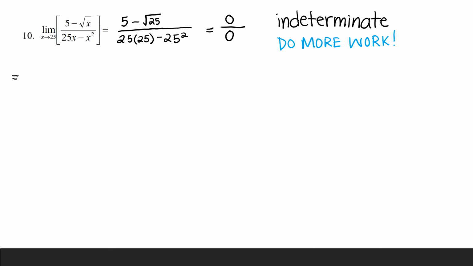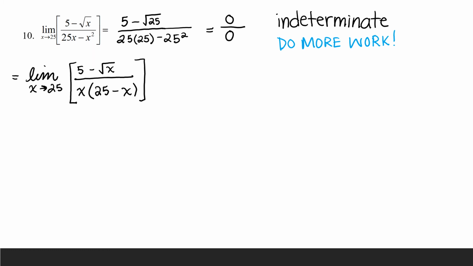So let's start with factoring. We have the limit as x approaches 25 of, well, that 5 minus square root of x can't really be factored, so we have 5 minus the square root of x over, well, that denominator can be. I can factor out an x, so I have x times 25 minus x.